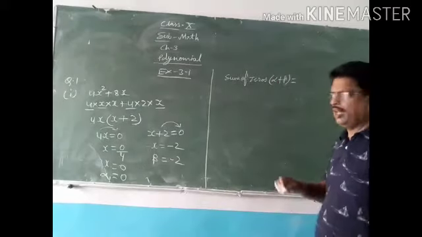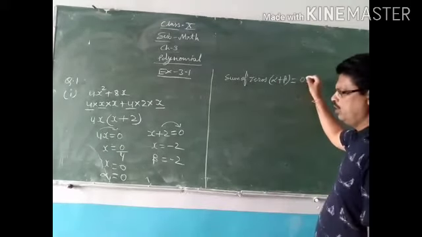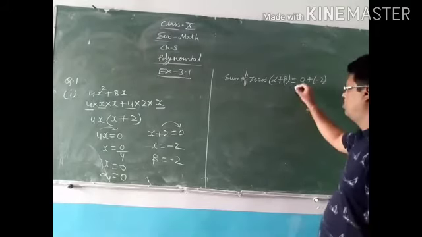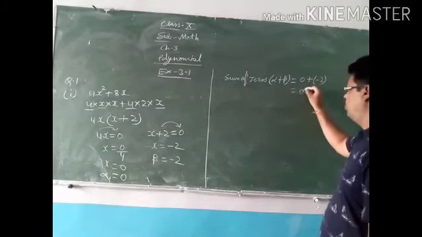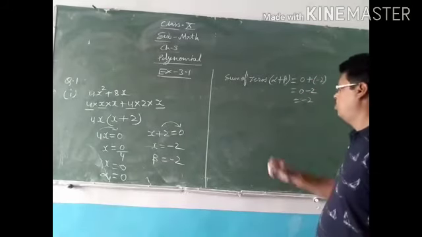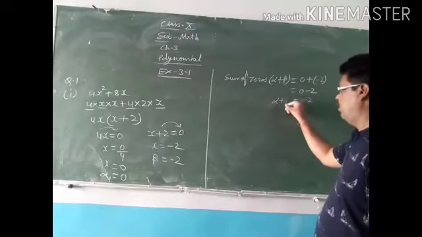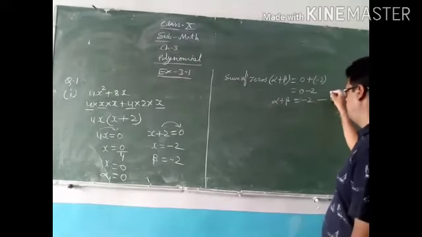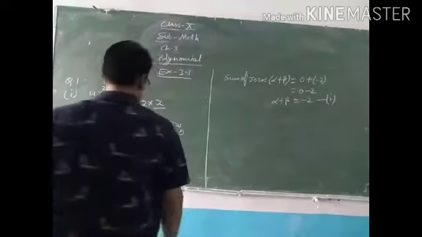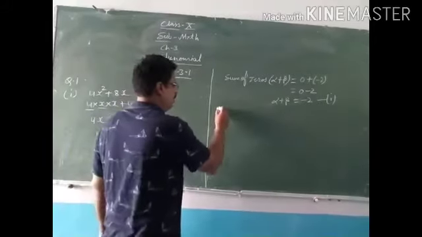So what is alpha? Alpha is 0 and plus what is beta? Minus 2. So what has come? 0, positive of negative, negative, so minus 2. So alpha plus beta has come minus 2. This is, suppose, equation first. And now we have to find the product of zeros.